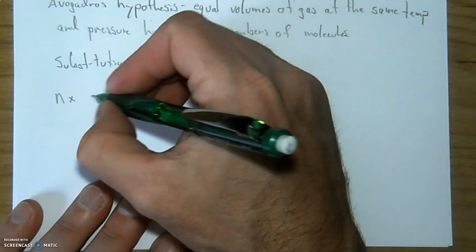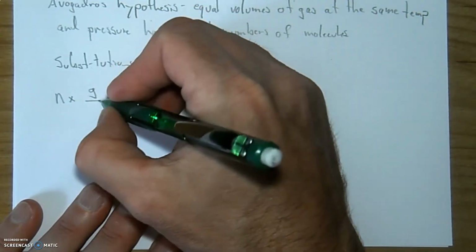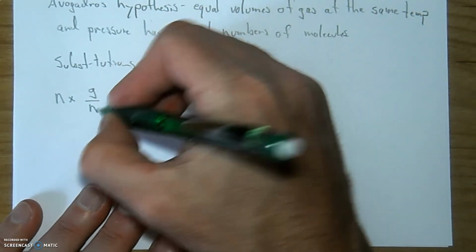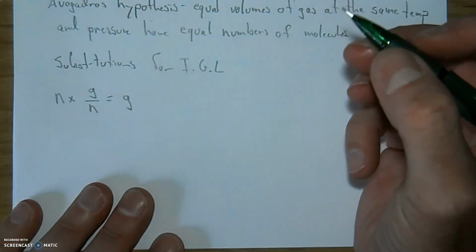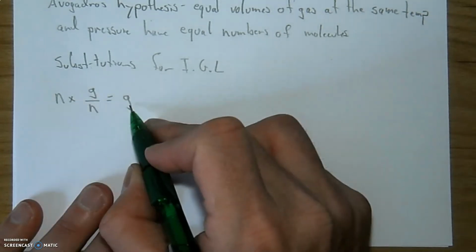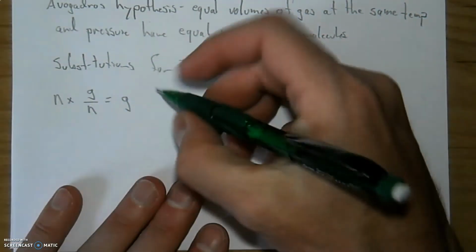If we have moles, and n is for the moles, and we multiply that times grams over moles, we can set that equal to grams. And again, that's just the idea of if I swung this underneath, they'd be equal to each other, just manipulating things around a little bit.